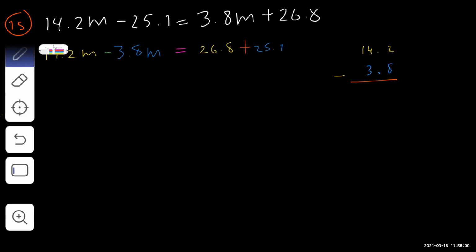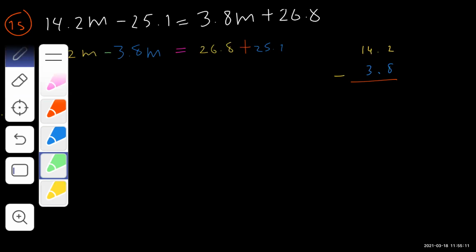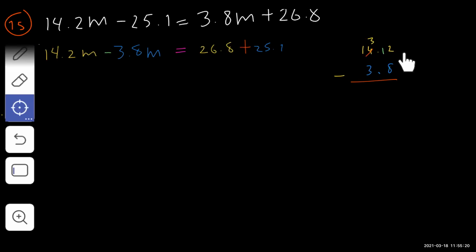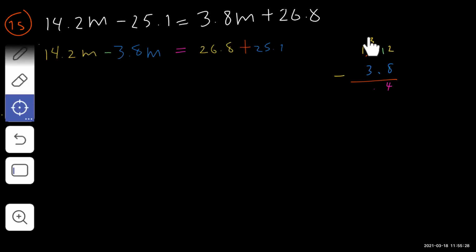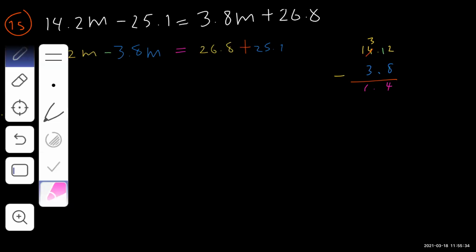You're gonna say, oh 4, you're my friend, you're the closest one. Give me one number, please. Now the 2 is gonna be 12. 12 minus 8, now we can solve it. 12 minus 8 is gonna be 4. The point down, and then 3 minus 3 is 0.